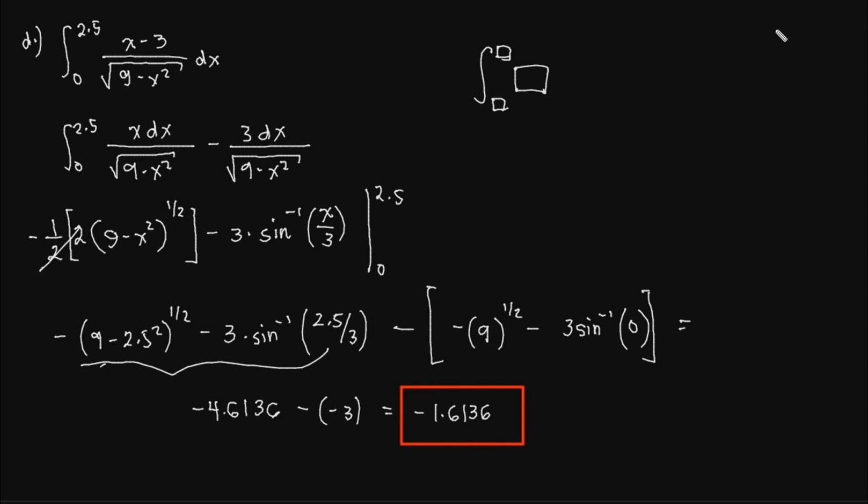Kasi, if you try to take the inverse sine of 0, alam naman natin na 0 is an answer for this. But if we use something like 2 pi, then that should also be an answer for this. Kasi this is any angle na pwedeng magpa-0 sa ating sine.